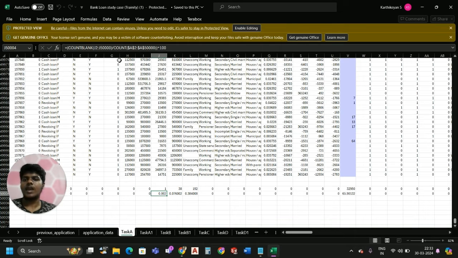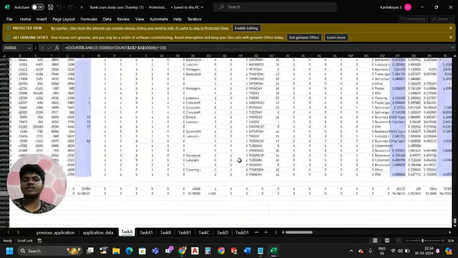In order to calculate the proportion of missing values, we have used COUNTBLANK on the column range, that is J2 to J50,000, divided by COUNT, that is A2 to A50,000. So we can use any column, whatever the actual data range is, multiplied by 100 to know the exact percentage.